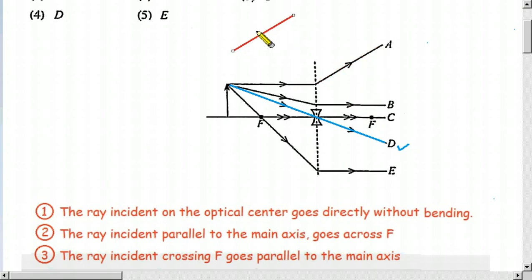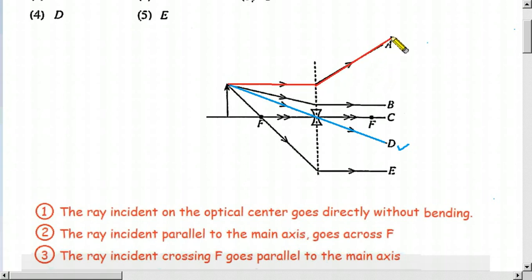If I draw it, for a convex lens like this, the parallel ray coming like this goes through the focal point on the right side, not at the object side but at the other side. According to the second rule, this ray is correct.